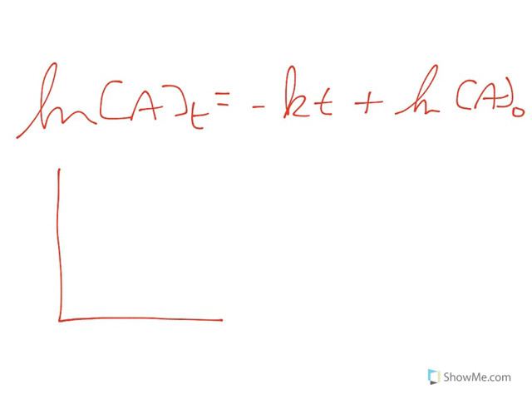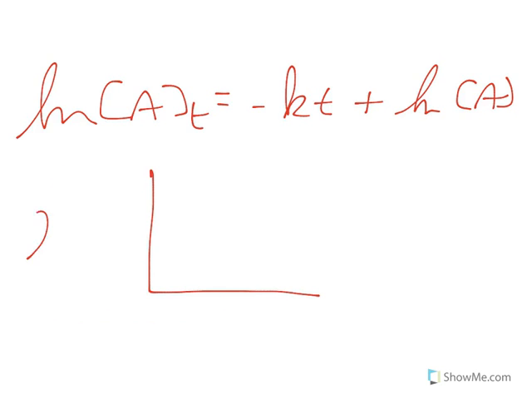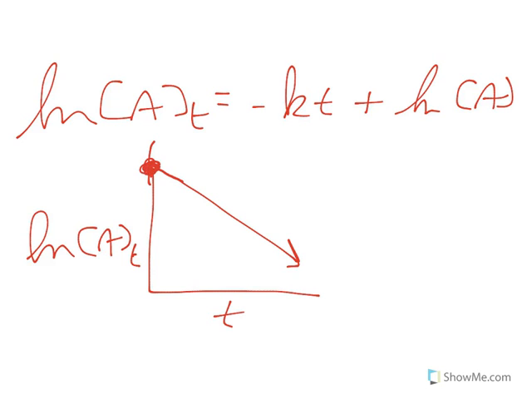So when I plot this, on the y-axis, I'm going to have the ln of at versus t. I'm going to have a negative line. All right, and right here is an important point. This is what's called the y-intercept, and that's going to be equal to the ln of a0. Okay, that is our y-intercept.